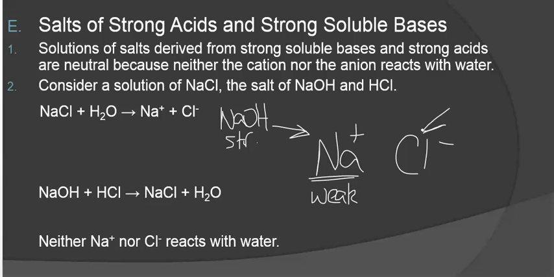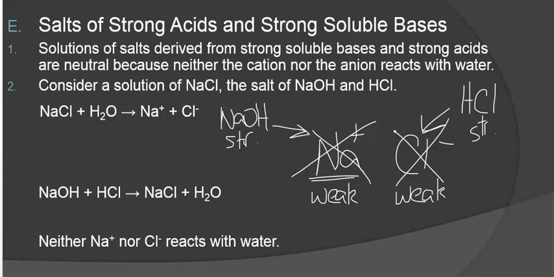Cl minus comes from HCl, which is a strong acid, so it means the ion is a weak base. So if I just have a solution of NaCl, neither one of these ions is strong enough to react with water. So the solution is neutral.